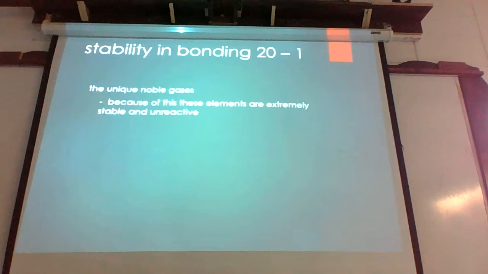So, if you were to analyze our Earth's atmosphere, probably over 3/4 of it is nitrogen. Well, if that's the case, we're not breathing nitrogen, we're breathing oxygen.